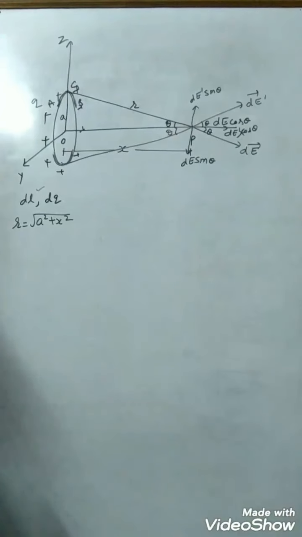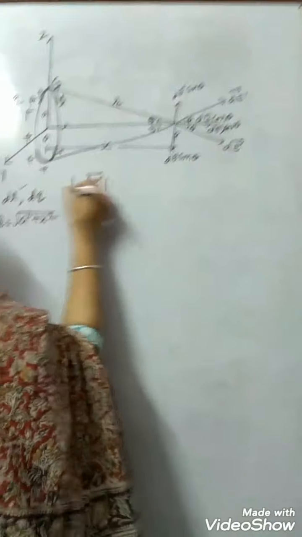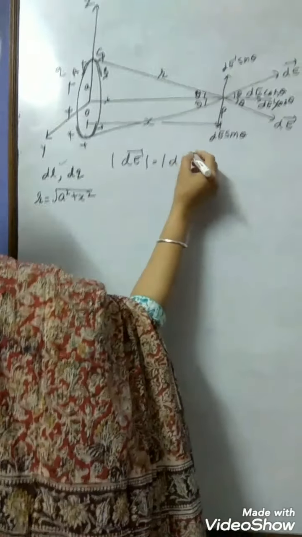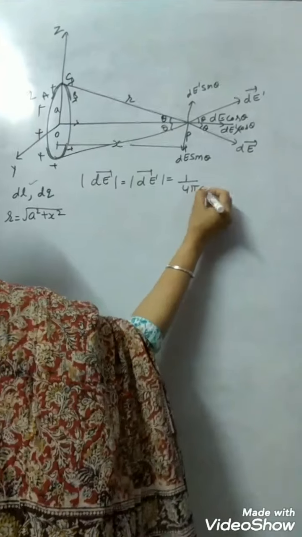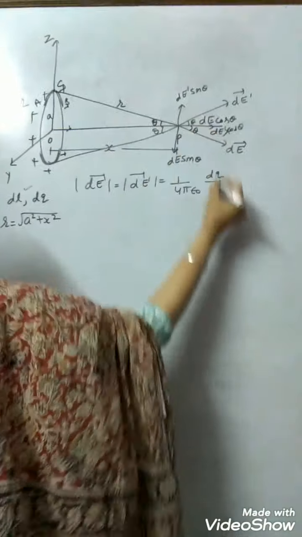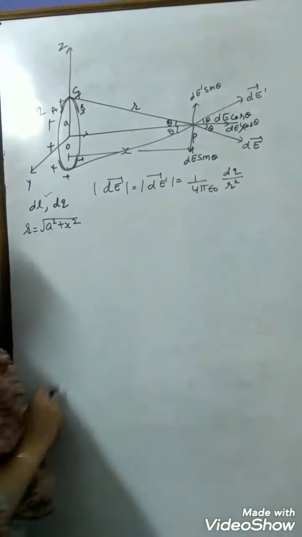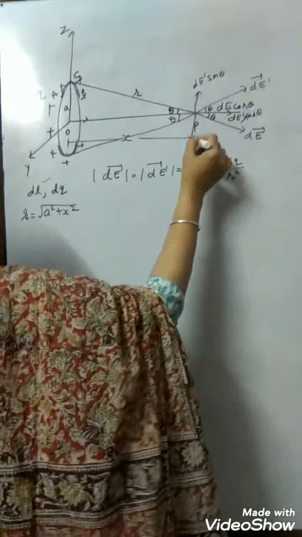Now the magnitudes of the dE vector and dE dash vector are the same, that is 1 over 4 pi epsilon naught dq upon R square. The sine components cancel each other and the cos components add to give the electric field.